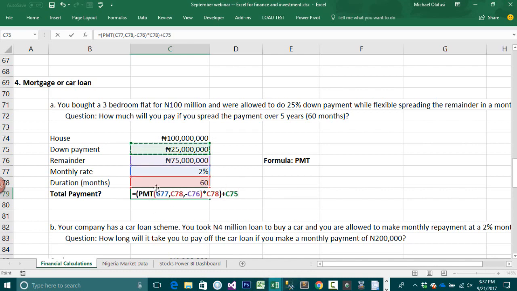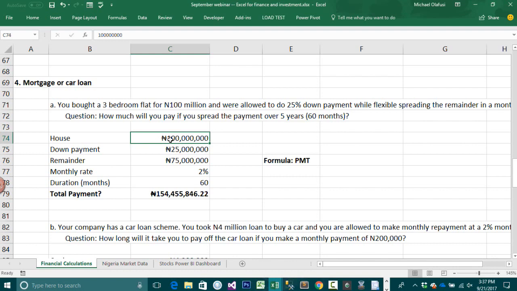So that monthly payment times 60 months plus the down payment I have already made gives me the actual money I am paying. My total payment is going to be about 154.5 million naira. So it depends on you, anyway, whether to pay that kind of amount for a 100 million naira house.